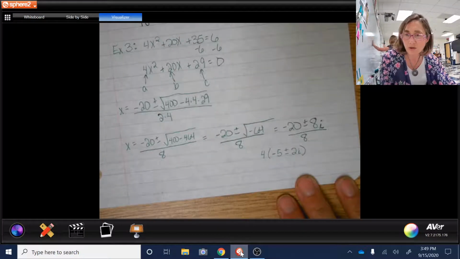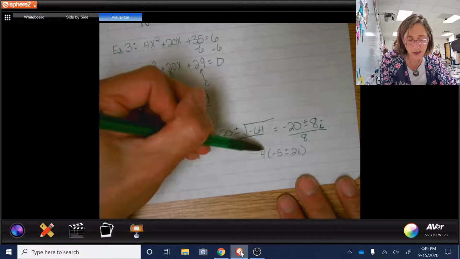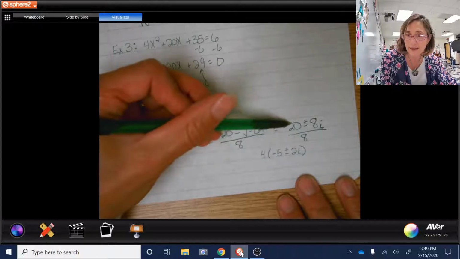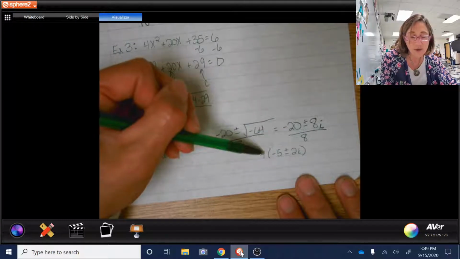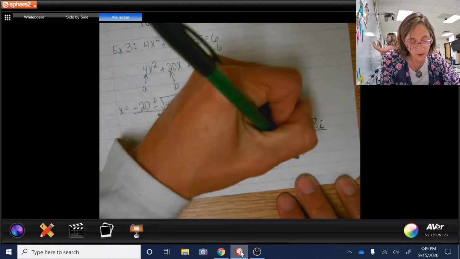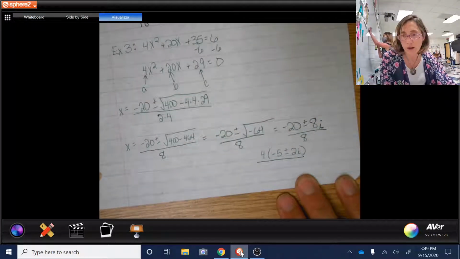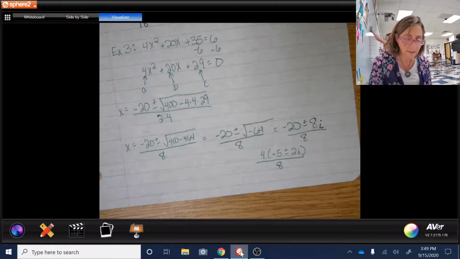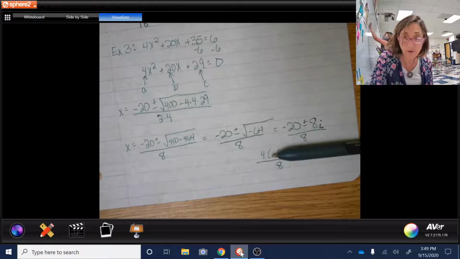So I'm just using the distributive property in reverse here. Double check that I did this right. When you take 4 times negative 5, see how that would give you that negative 20? And then the 4 times 2i would give you that 8i. So that's a form of your numerator over 8. Okay, now let me cover up this part of the fraction for a little bit.